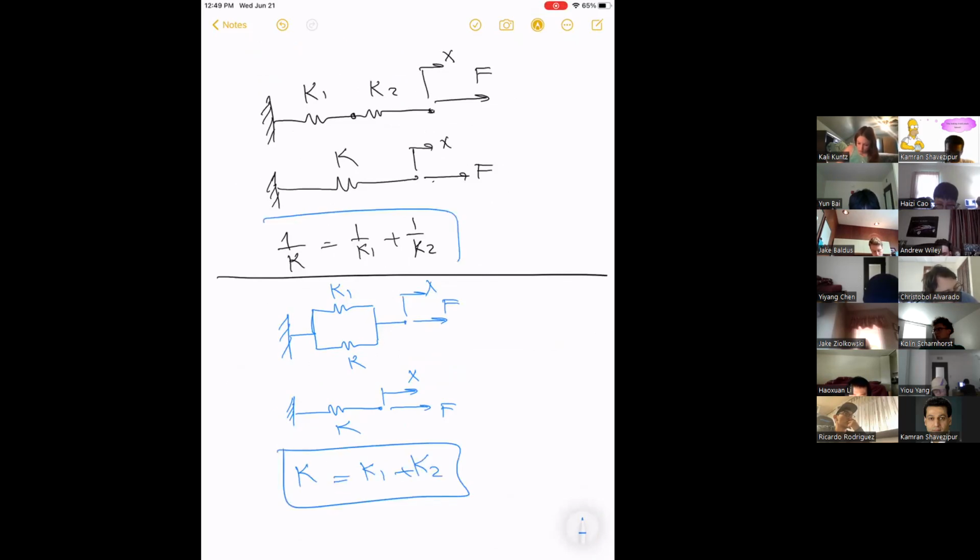So you could use this for this problem, but if you don't remember it, we just got it through the forces.